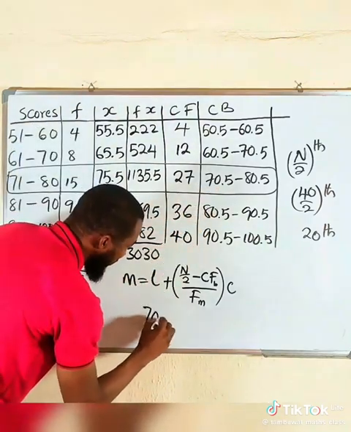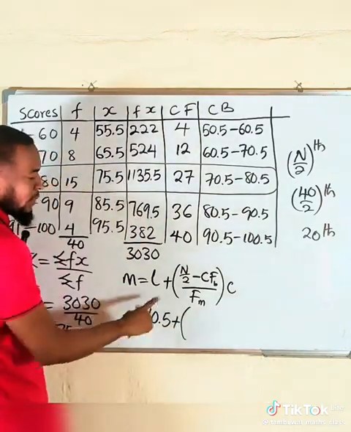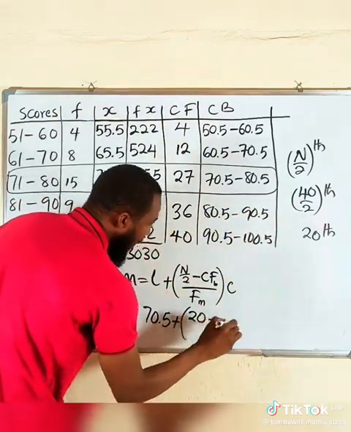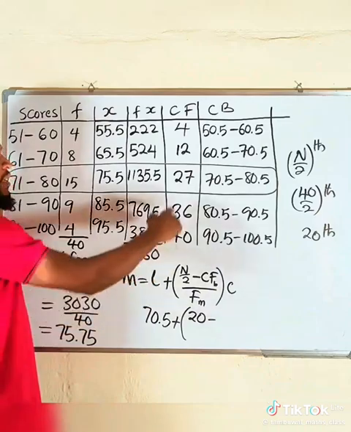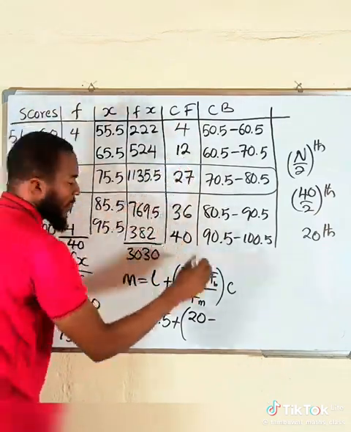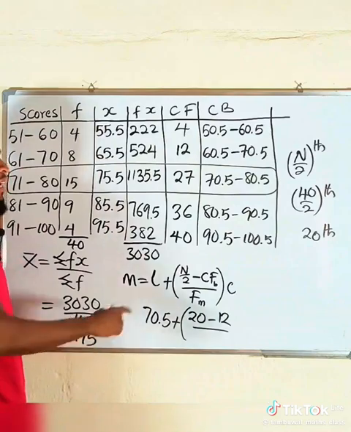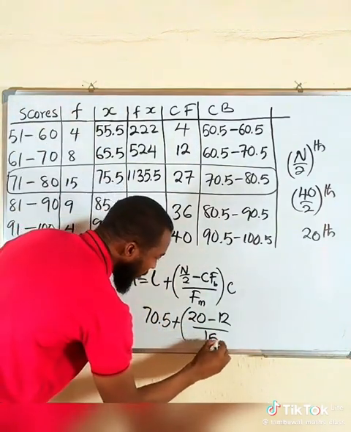So this is 70.5 plus n divided by 2 is already 20 minus cumulative frequency before the median class. This is cumulative frequency before the median class, it is 12. Divide by frequency of the median class. This is the frequency of the median class, which is 15.